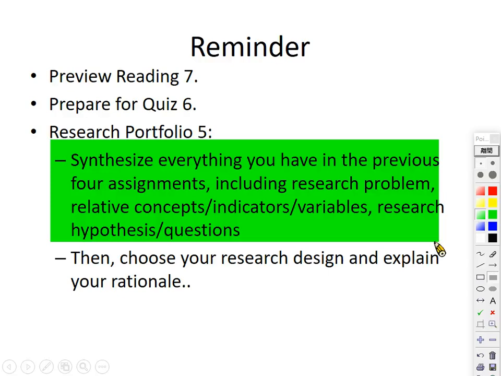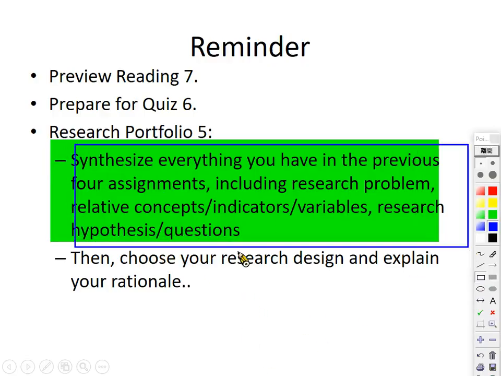And some of you may consider rewriting or finding another research graduation paper topic for yourself. Do it as soon as possible. You can change, of course, you can change, okay? And once you have consolidated everything, you should be able to choose your research design and explain your rationale.